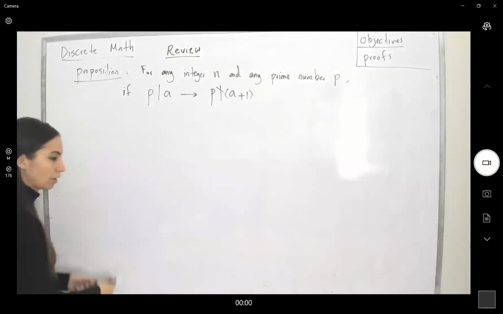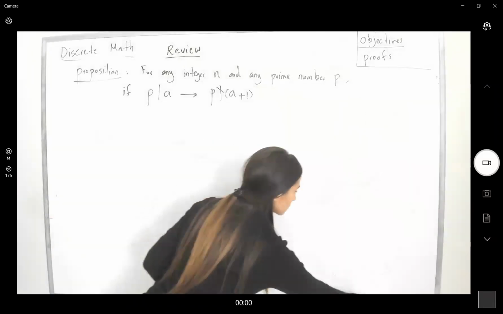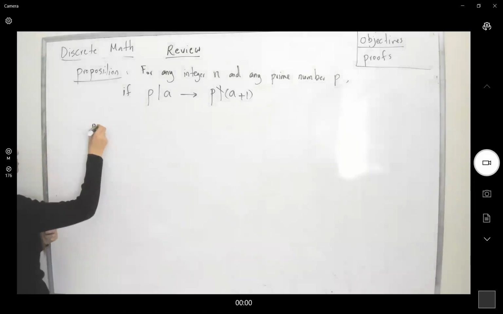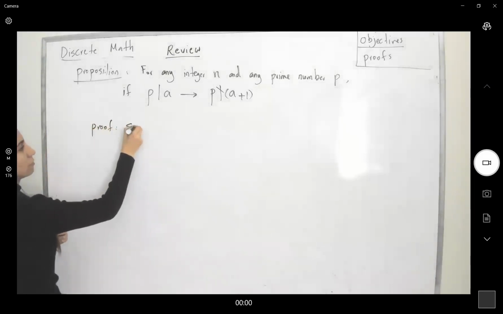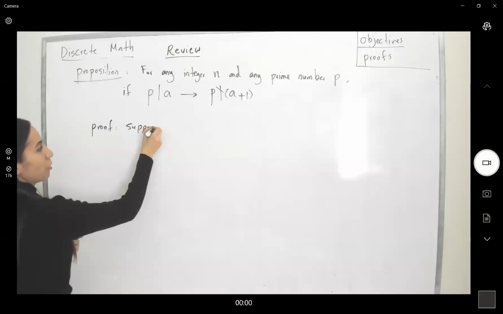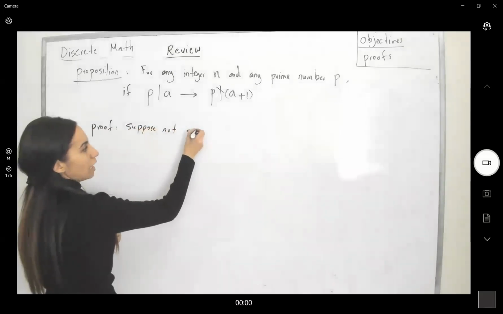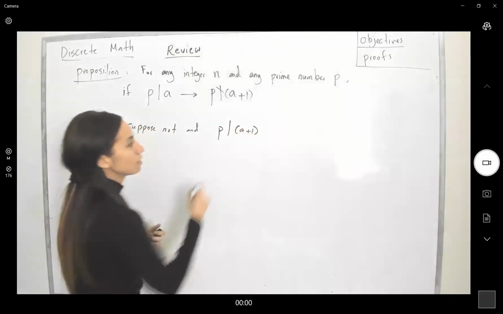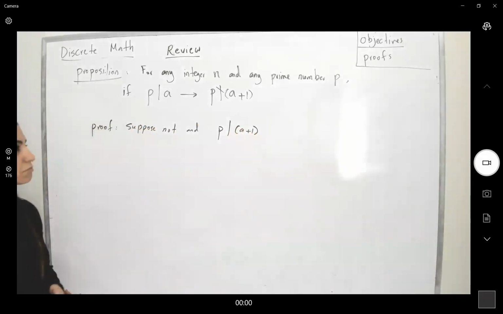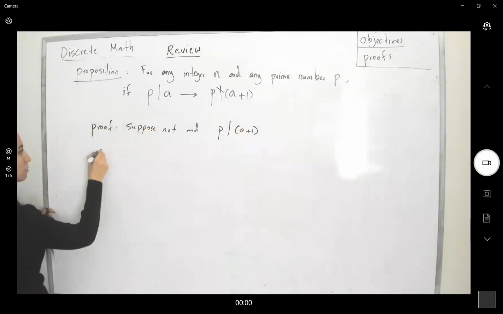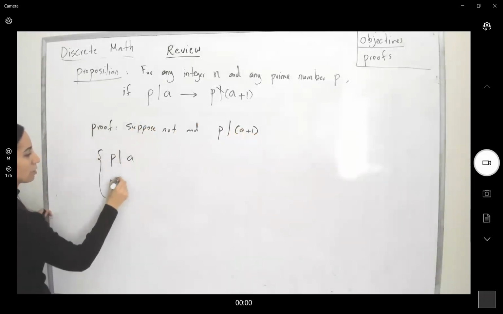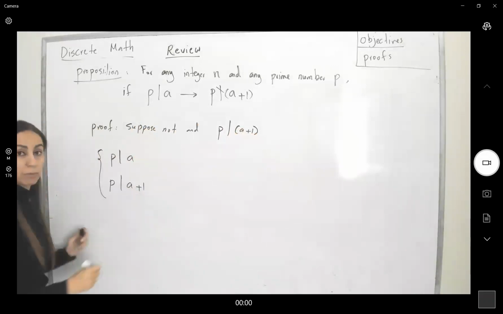Well, let us prove this. Suppose not. And p divides a plus 1. So what do we have here? We have p is a factor of a, p is also a factor of a plus 1.